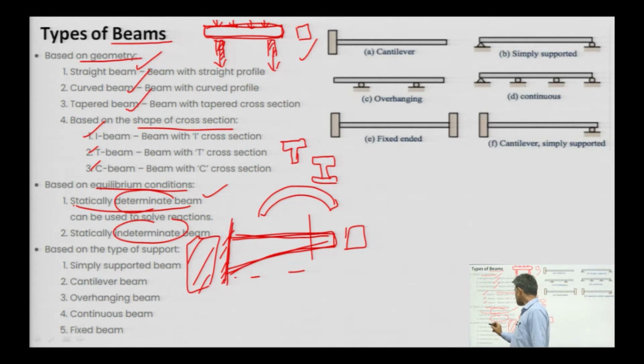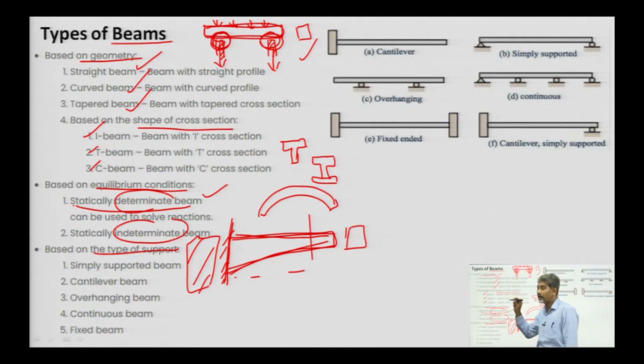And based on the type of support, the joint between the column and the beam may be different. If it is simply supported, what does that mean?